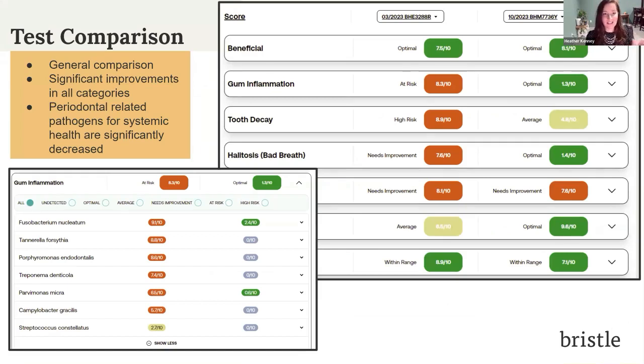You can select the test dates that they've done and then compare side by side. Here's the example of the gum inflammation score, because oftentimes those gum inflammation bacteria are tied to those systemic health issues. Breaking it down, we really did a great job at mitigating a lot of those periopathogens that are tied to her rheumatoid arthritis and her other inflammatory buckets that she has out here.